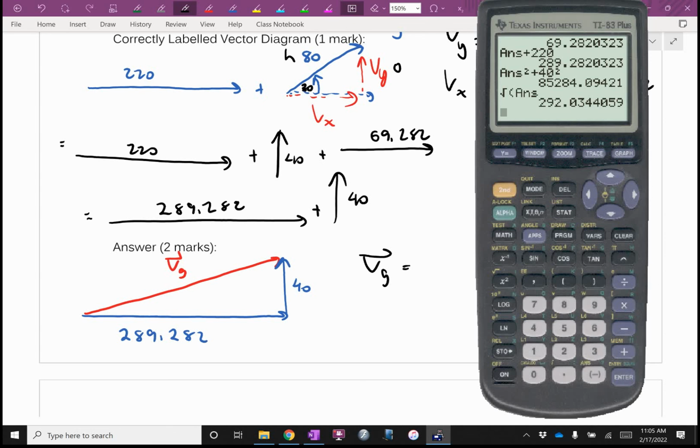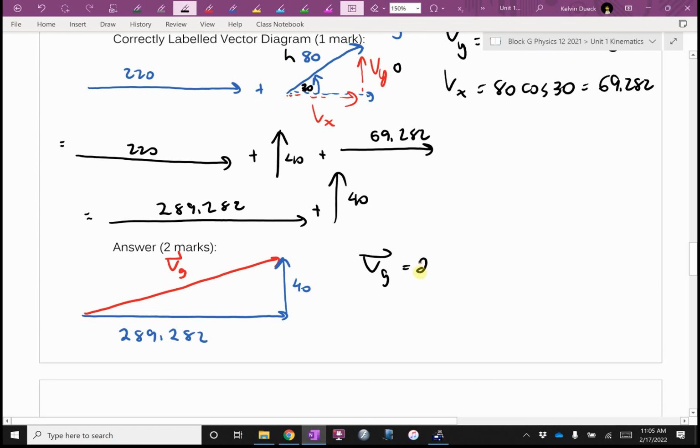And I get a magnitude of 292 at theta. Opposite, adjacent. I think it's going to be tan theta equals 40 over 289.282.